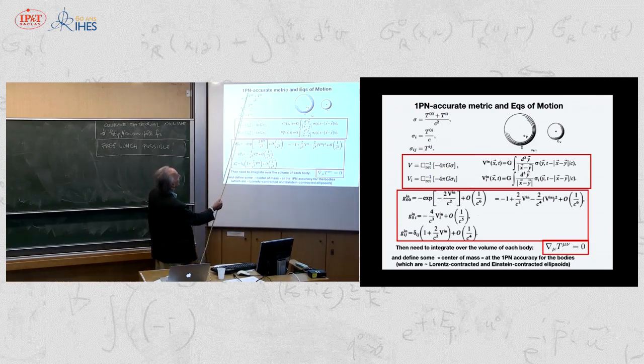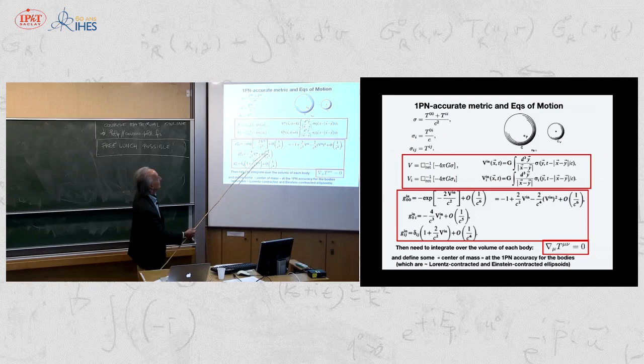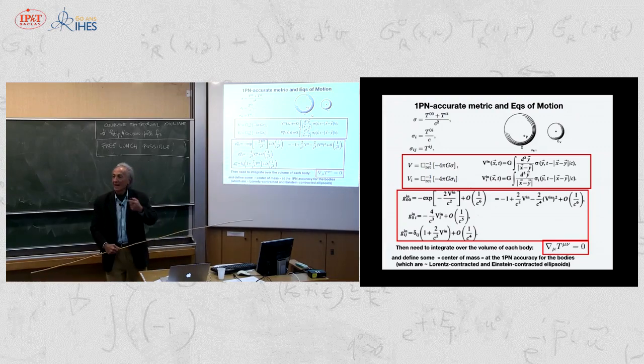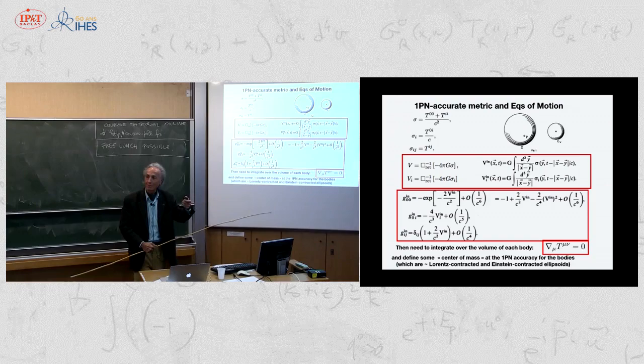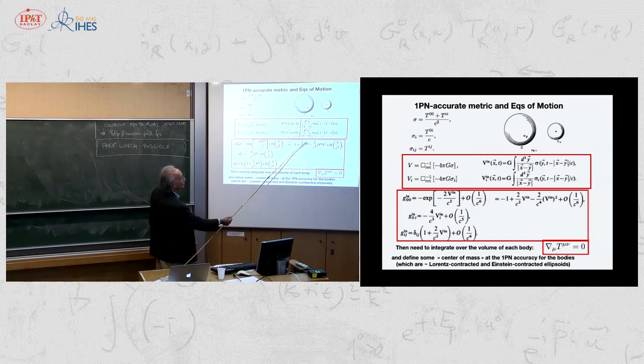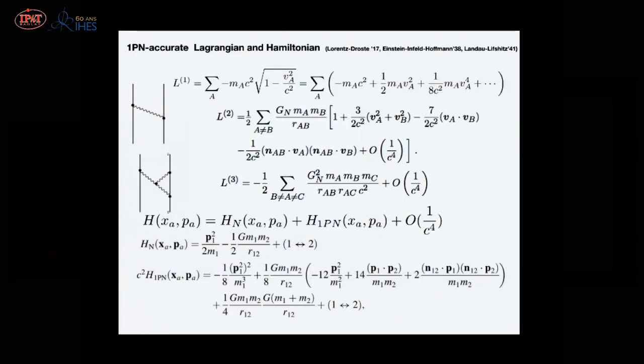And you find that if you use T mu nu in these combinations, V and Vi satisfy linear equations, because what this is saying is that I have D'Alembert of V equal to a certain source, D'Alembert of Vi equal to this, so I can solve explicitly. I just need the Green function for D'Alembert, which is the retarded potential, and then this gives me a solution which is valid to this approximation. I have the nonlinear terms.